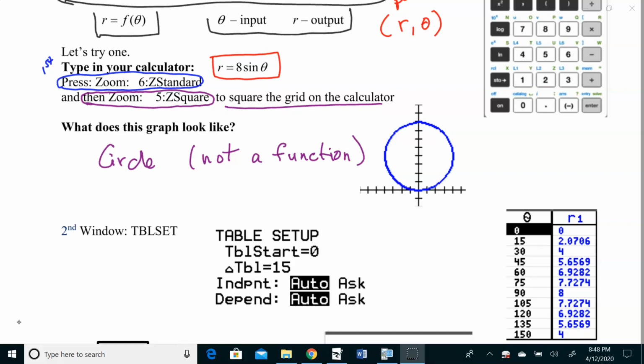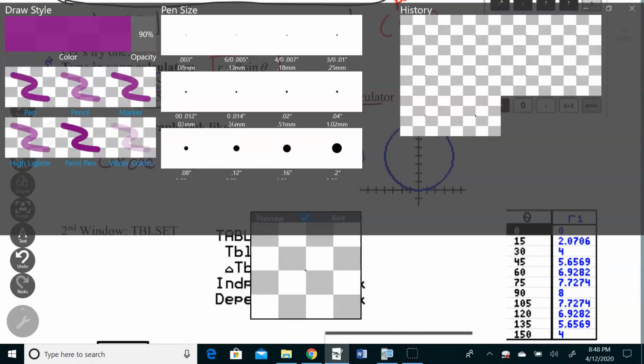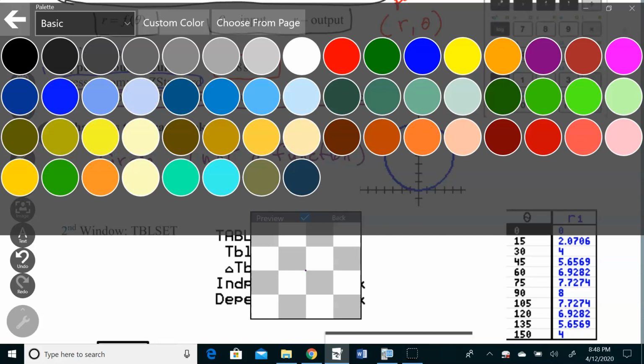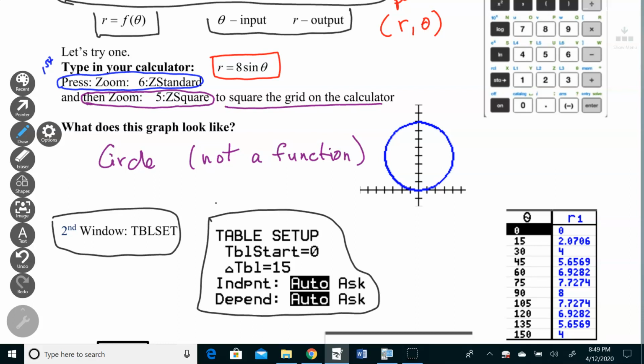So when I want to see a table, I need to hit second window to set up the table. And when I'm done, I'm going to hit second graph, which allows me to see the table.